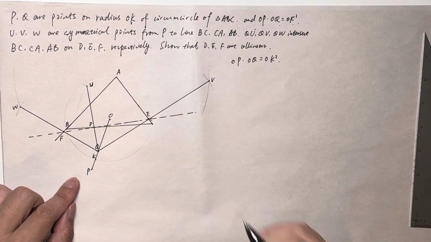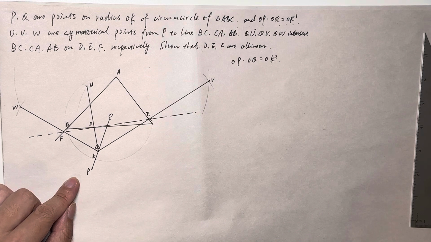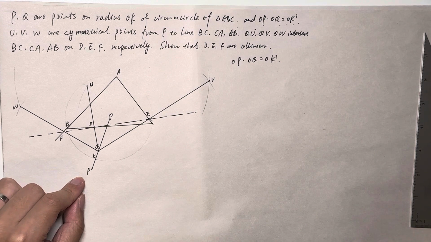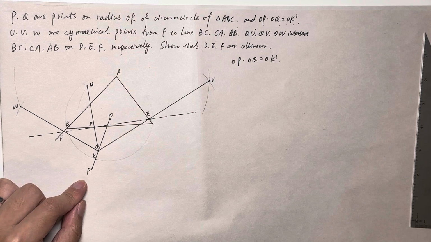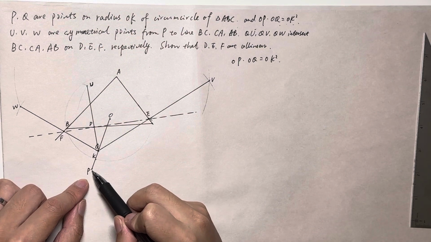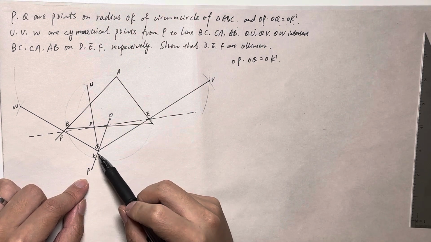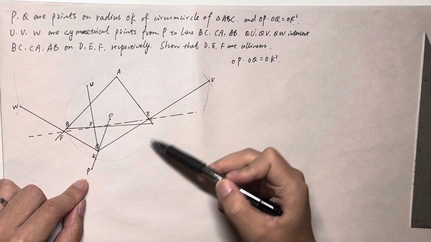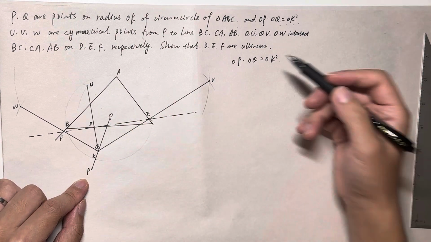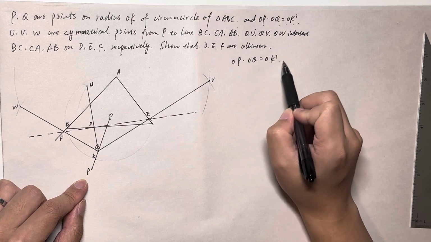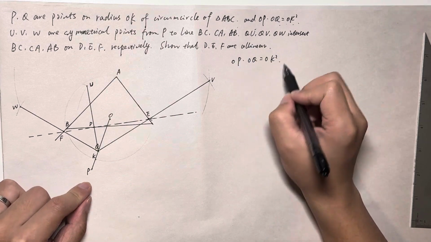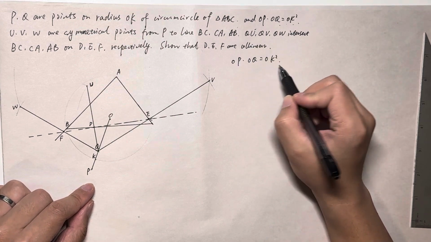We can recall we've seen this problem before, but at that time both point P and point Q were on the circumcircle, which also meets the condition that OP times OQ equals OK squared.